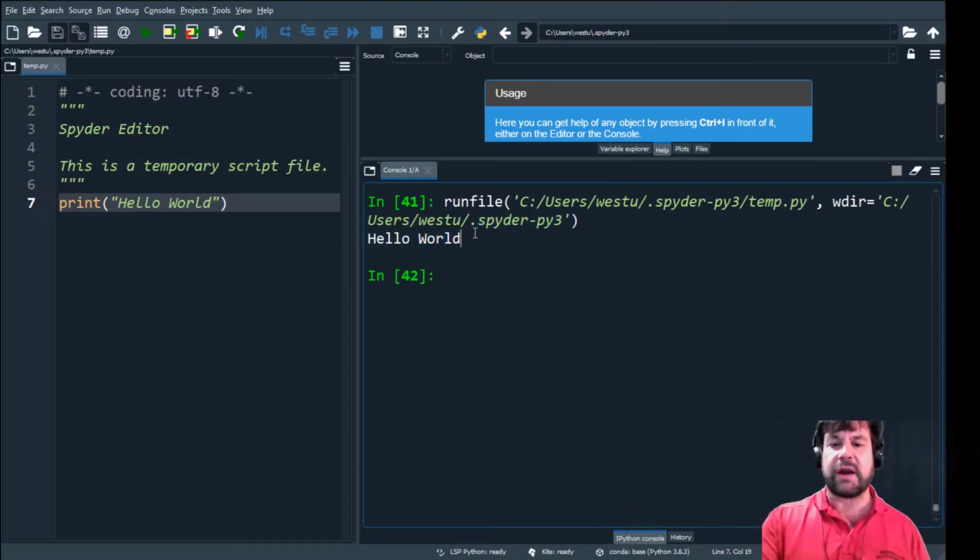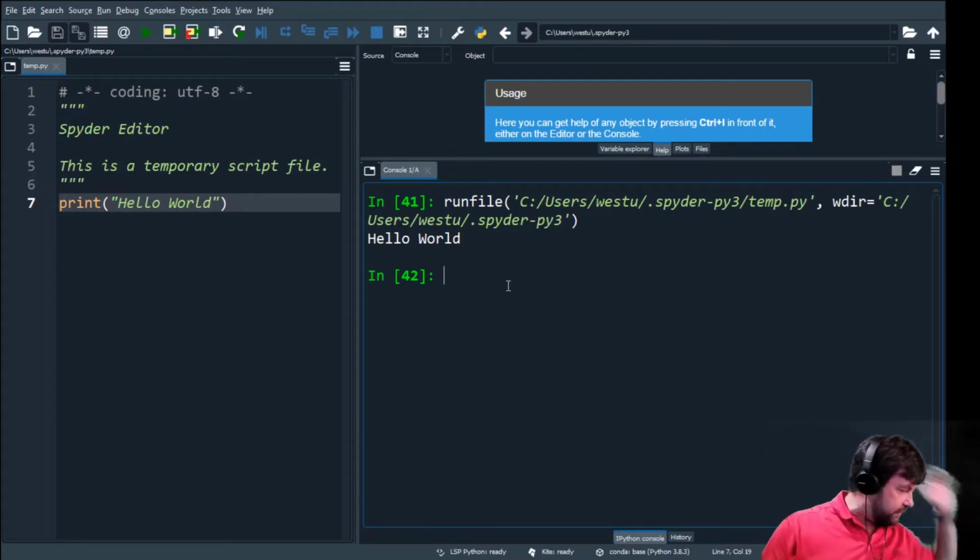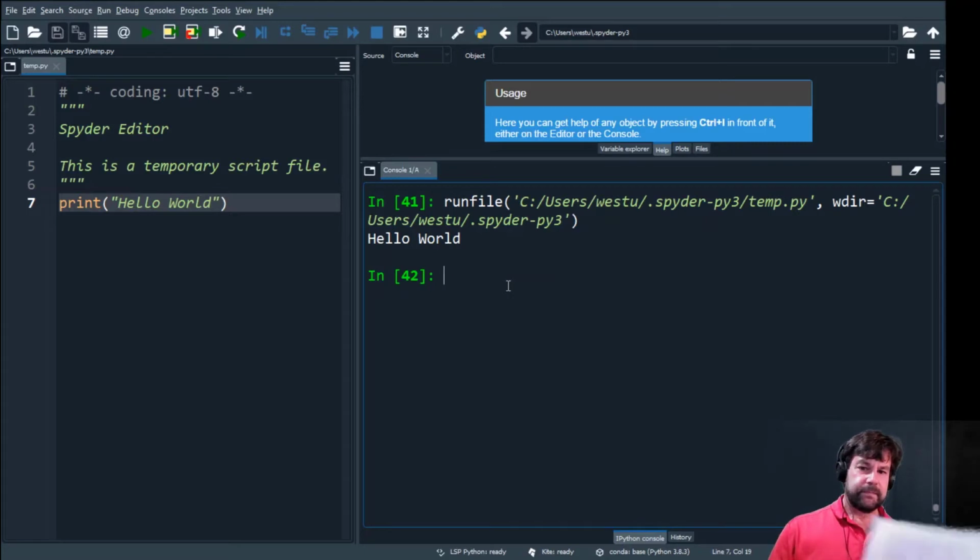But it's not always necessary to go between a file and your console. In fact, what we can do instead is type things into the console without ever putting it into a file first.